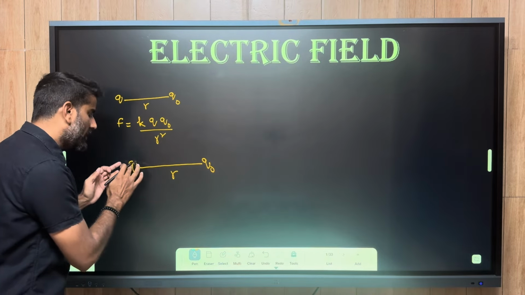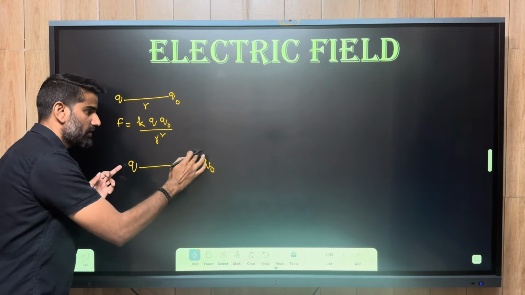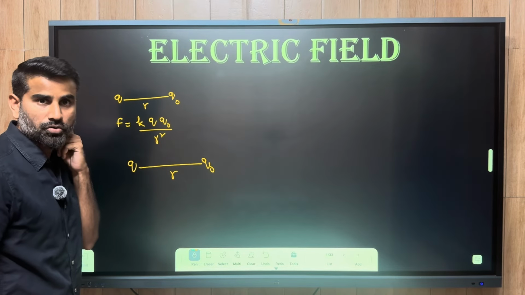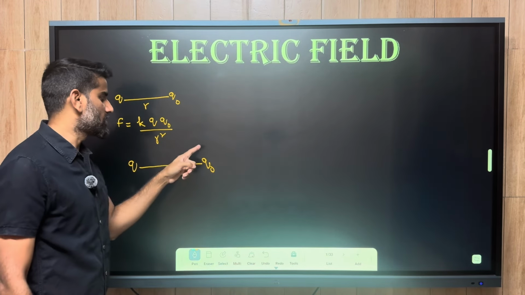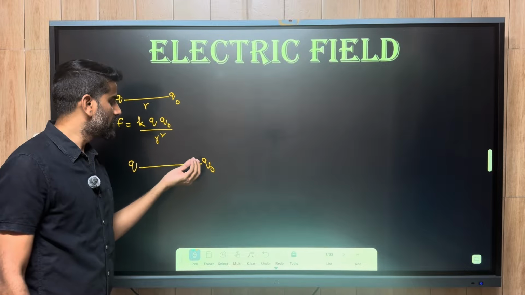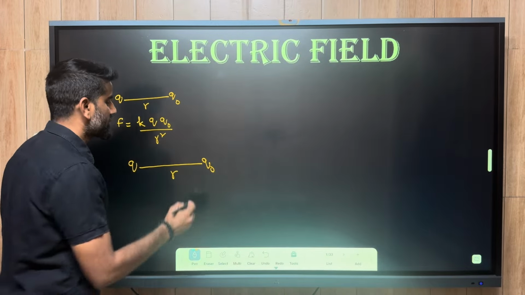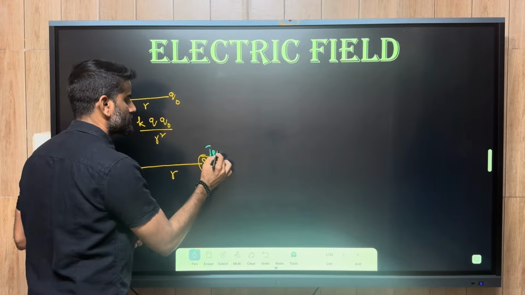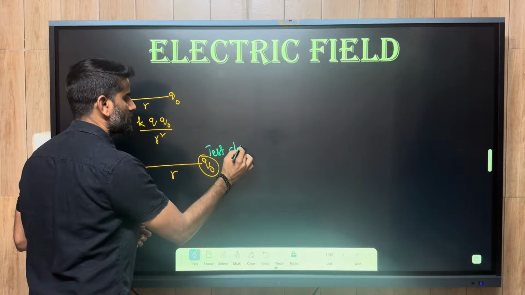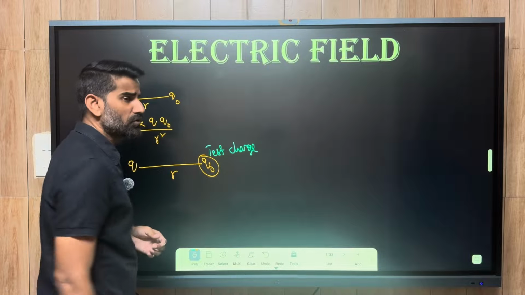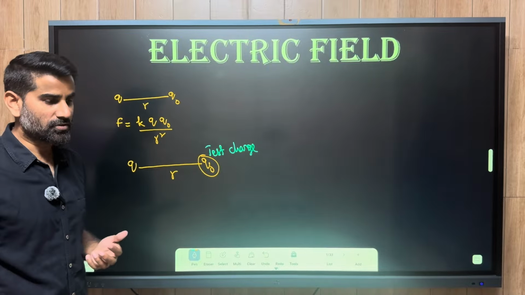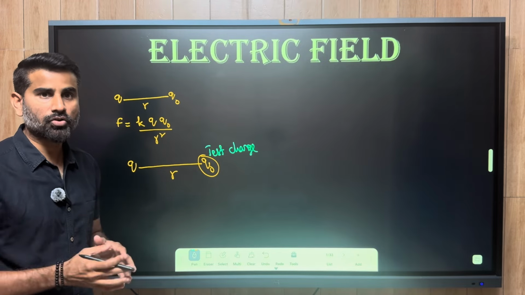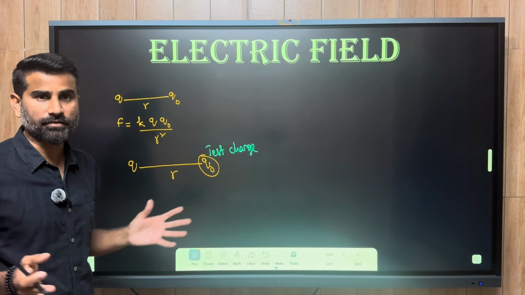Now the field of this charge is exerting a certain amount of force on Q naught. As we are studying the force on Q naught, we treat this charge as a test charge. In some books, a test charge is defined as a charge which creates no influence, no field around itself.